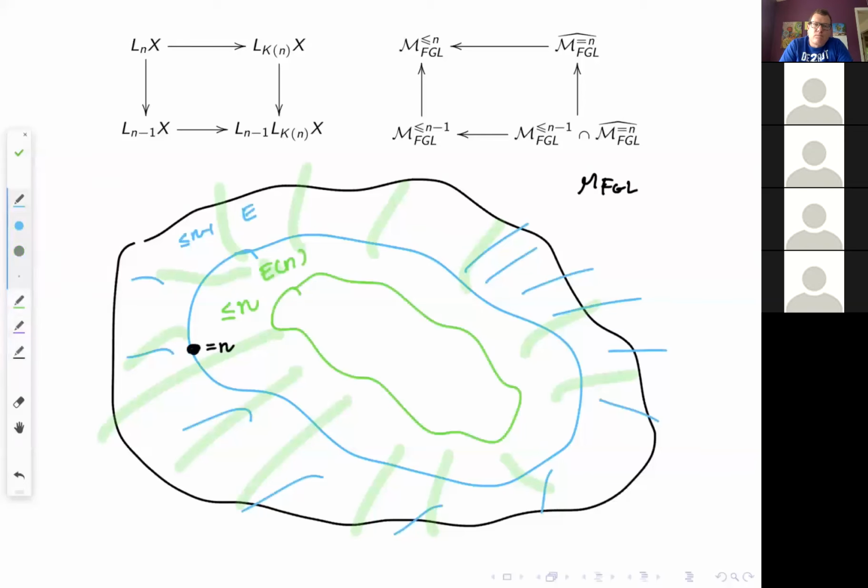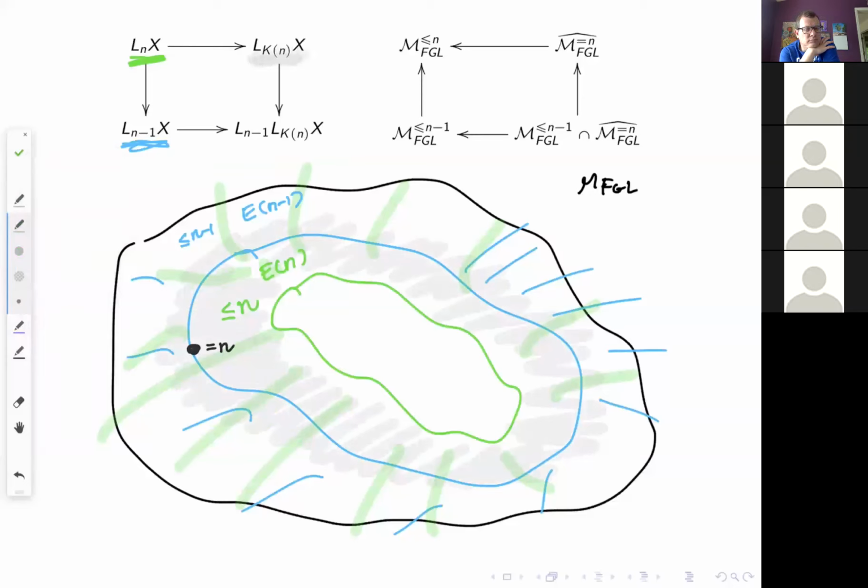This is the open set corresponding to En minus 1, so that's this term, that's this term. And the stuff for height n, well, LKn I said is like a completion, a formal neighborhood. So you take a formal neighborhood of the height n stuff, and you want to think of it as this region here. Okay, so that's this part.